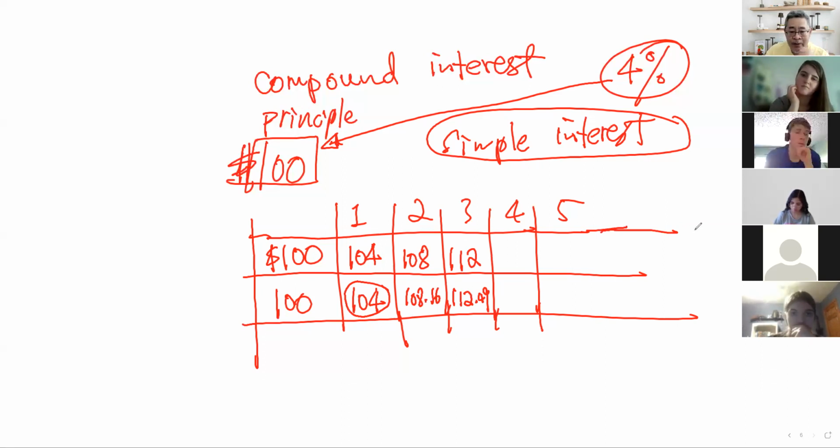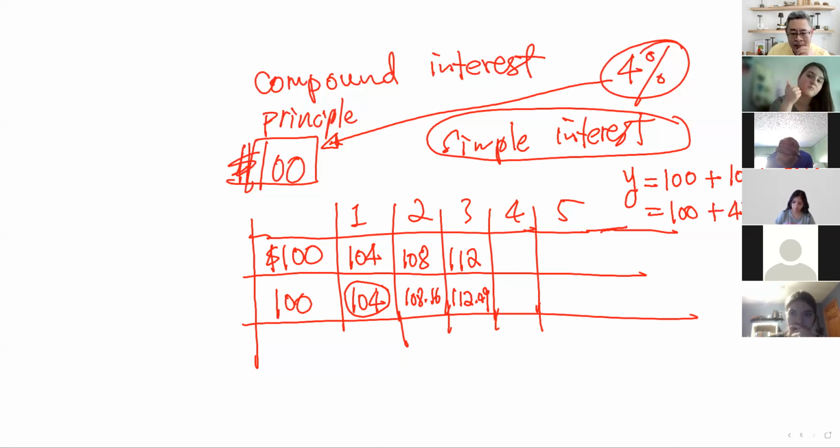So we know the first one, our equation is 100 plus 100 times 4% times the number of years. Let's say it's t. It's 100 plus 4 times t, right?